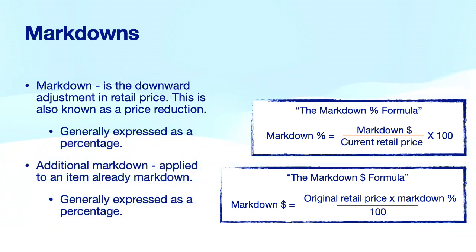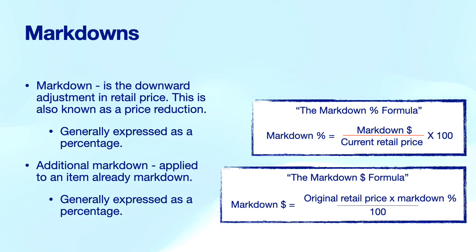If you've ever been in a retail store, you've probably seen a clearance section, and in that clearance section, it may say take an additional 30% off of already marked down prices. So that's an example of your additional markdown. It is also generally expressed as a percentage.